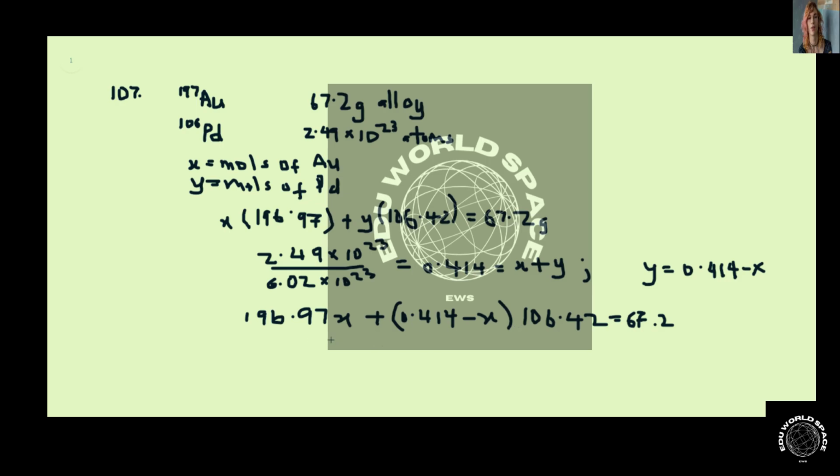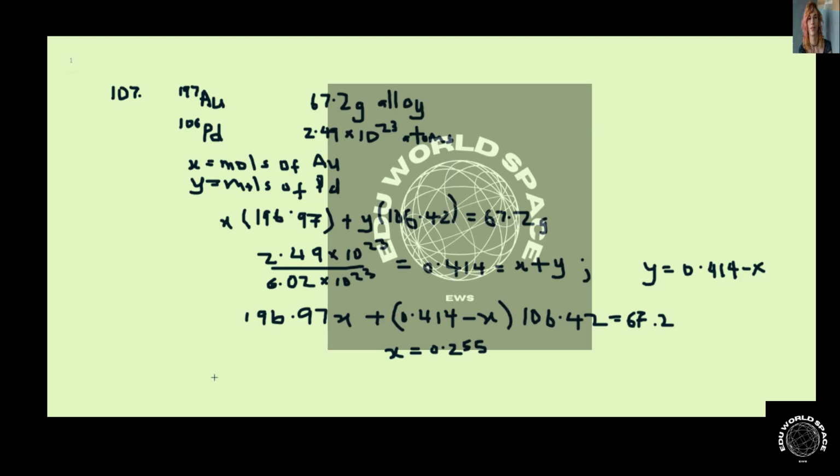Right, and this is a simple arithmetic that can be solved. And when I solve it, I get x to be equal to 0.255. Right, so now that's the moles of gold in this sample. To find y, the moles of palladium, we just have to substitute 0.255 in place of x.